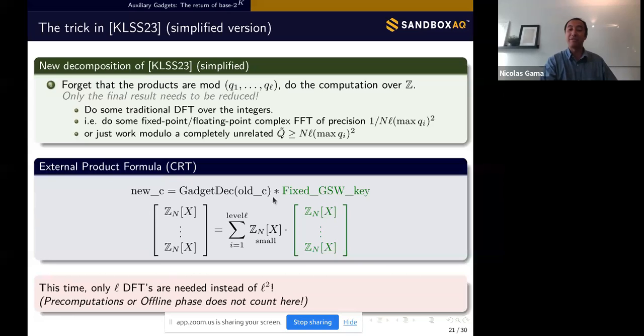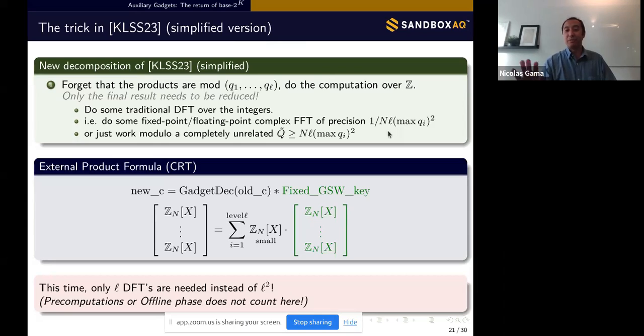And I can really take advantage of the fact that the gadget is small. Everything that is the green stuff, remember that it's the GSW key, so it's pre-computed, it's part of the keygen. Any DFT I run on this part doesn't count in the online phase. So that's the simplified version of the trick.